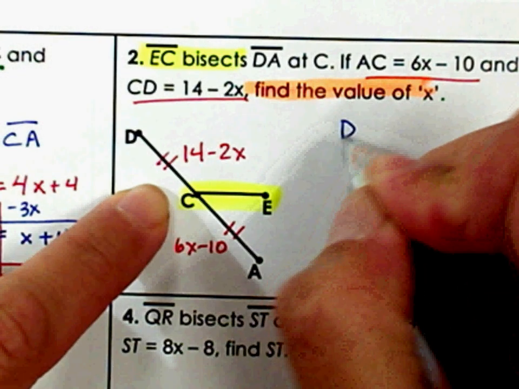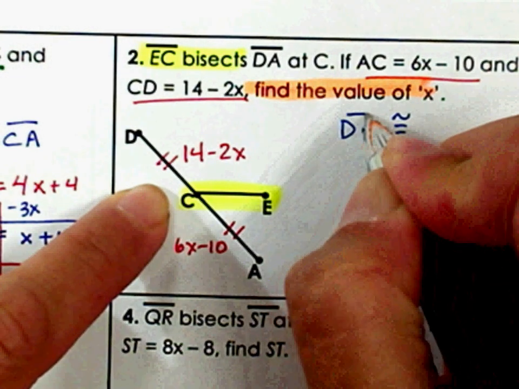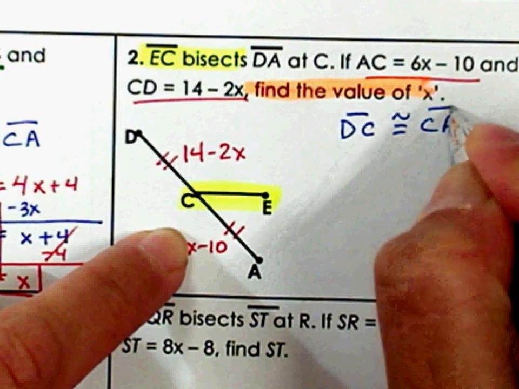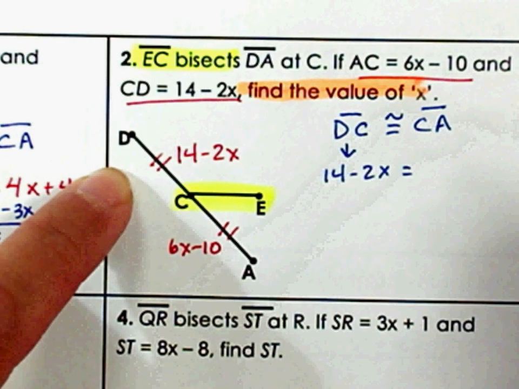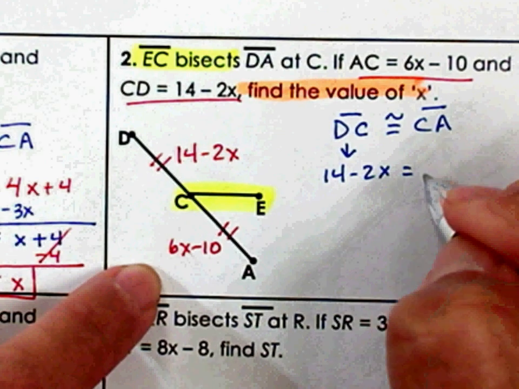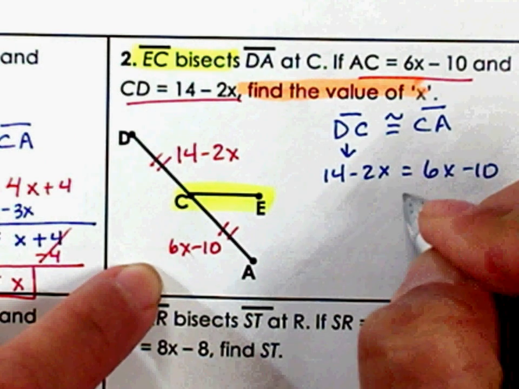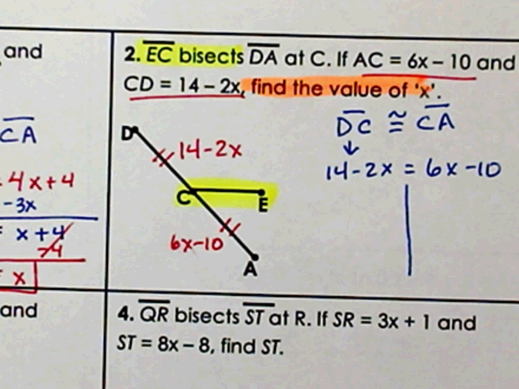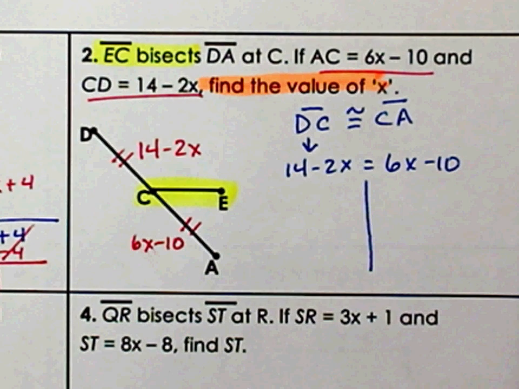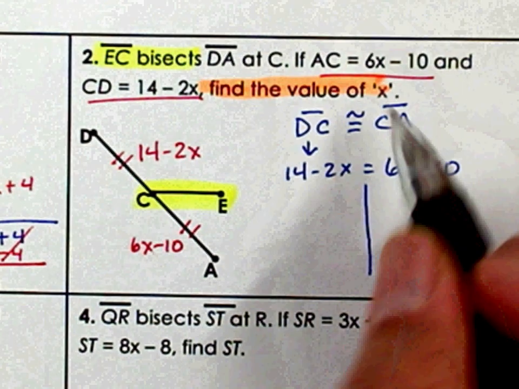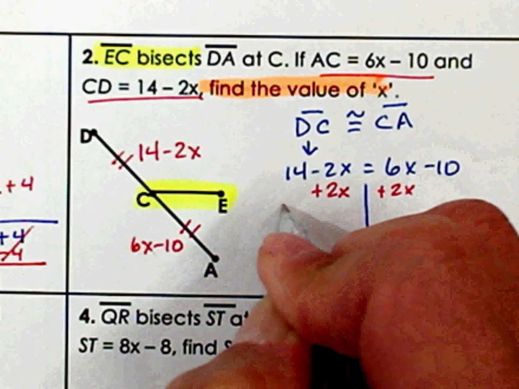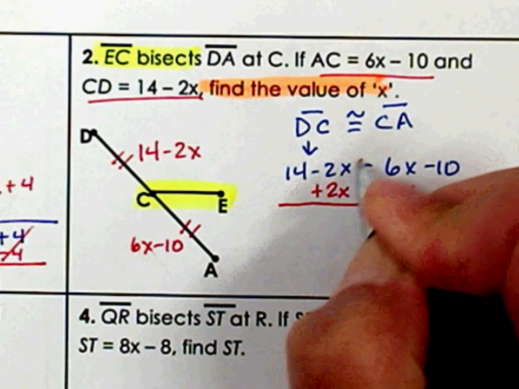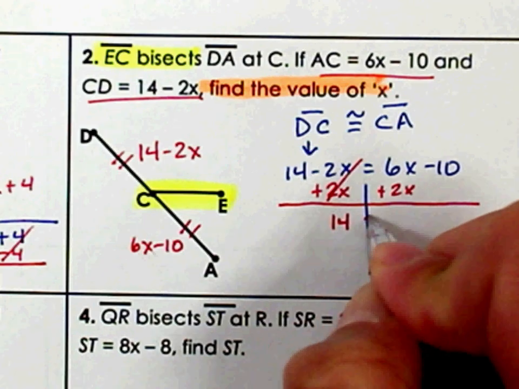All right, so let's see what you know. You know DC is congruent to CA. So what is DC? 14 minus 2x. What is CA? 6x minus 10. All right. Now remember what I showed you? Which one is smaller? Negative 2x is smaller, so I'm going to add positive 2x. What you do to one side, you do to the other.